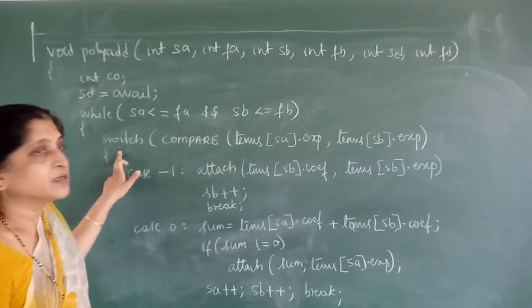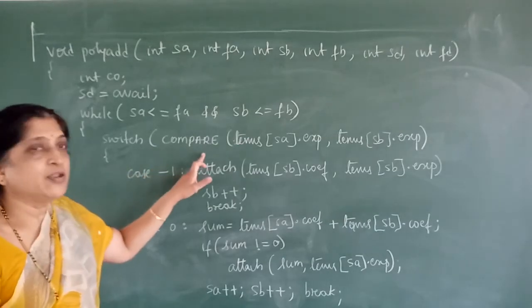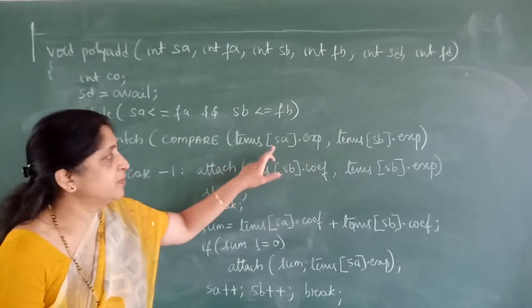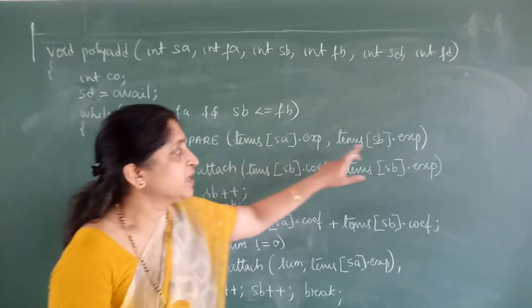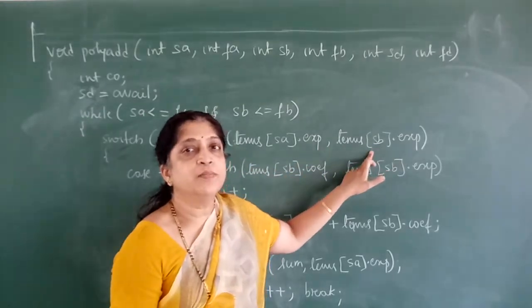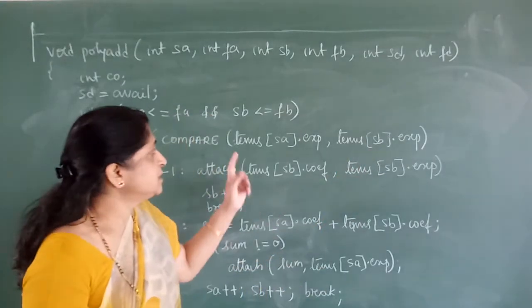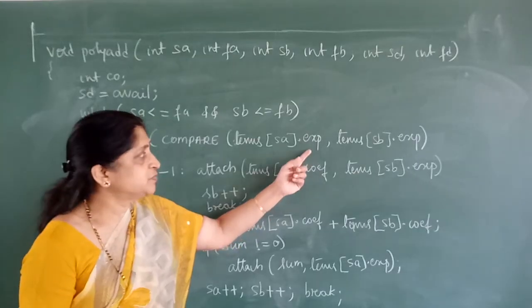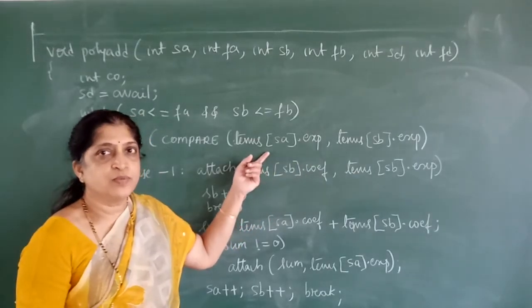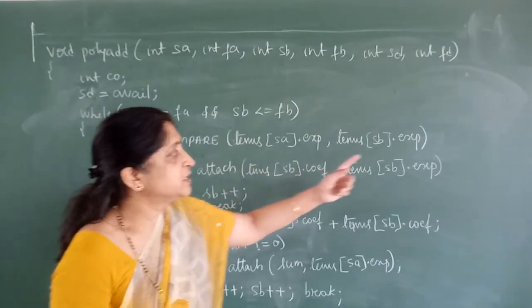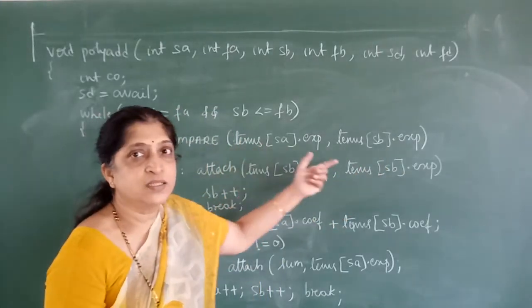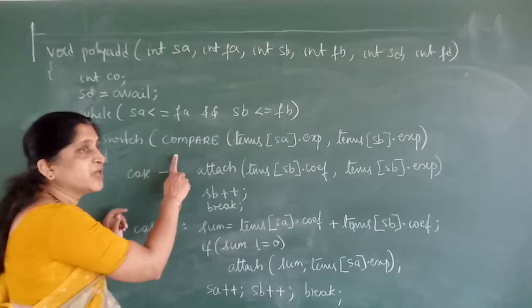Here we are performing the compare operation. What is it that we are comparing? We are comparing the exponent of the polynomial A term and the exponent of the polynomial B term. That is, we have written terms of SA dot exp, the exponent field of the A polynomial, and the exponent field of the B polynomial. We are sending these two arguments to the compare macro.